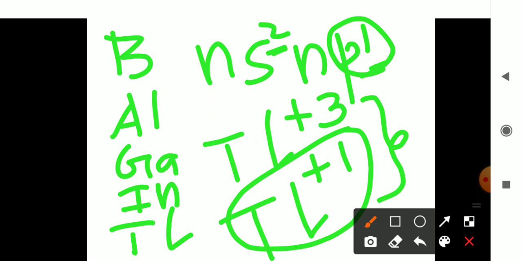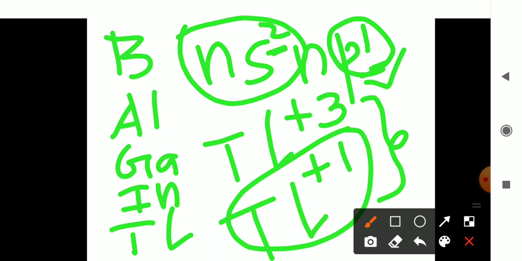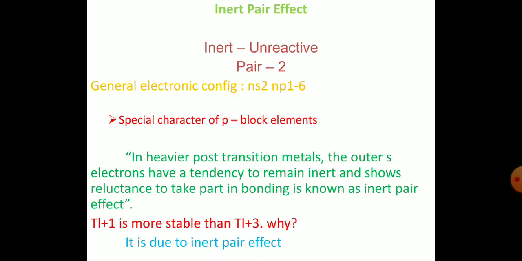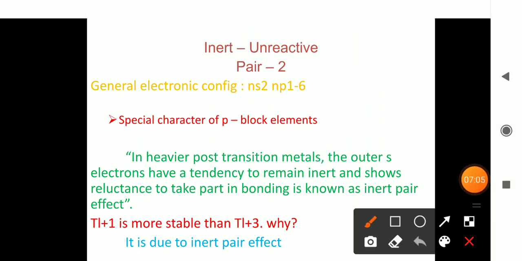The electrons present in the s orbital remain inert, which means they cannot be lost easily. So thallium tends to lose electrons only from the p orbital, becoming thallium plus 1. Out of thallium plus 3 and thallium plus 1, thallium plus 1 is more stable, due to the inert pair effect.